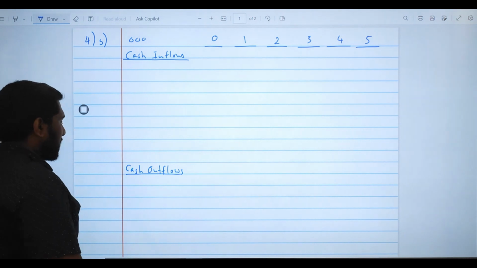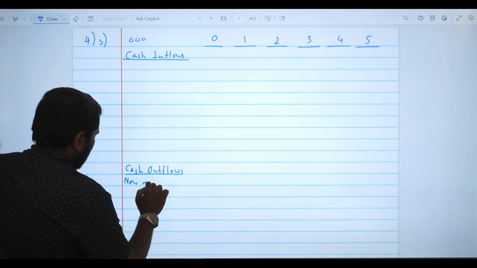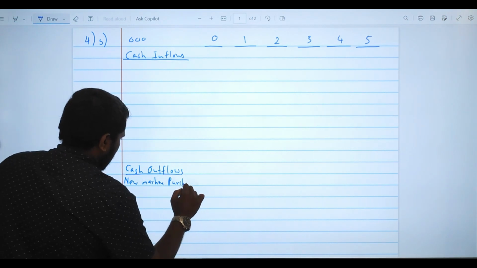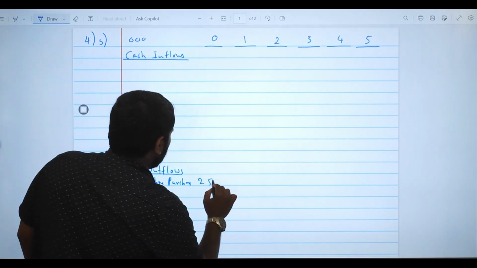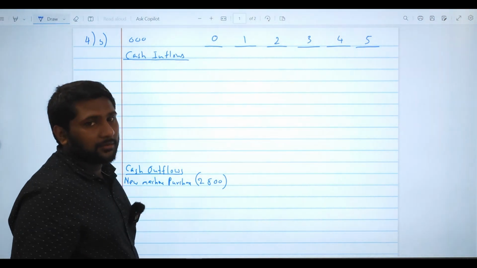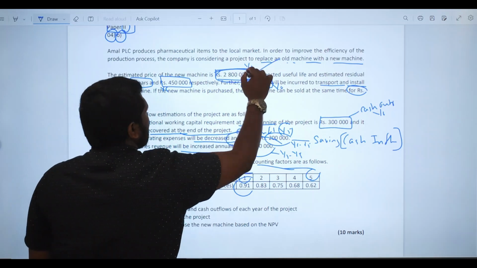Here in this question, new machine purchase, how much is that? 2,800. So I will purchase it today. Today means year 0.